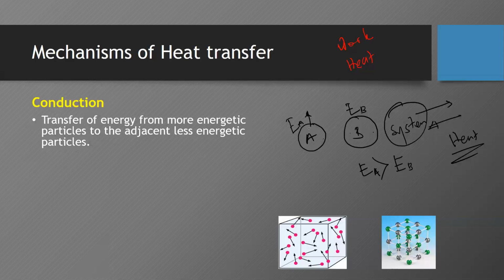So when B is coming near to A, then energy will transfer from A to B. When A has more energy, that means A's temperature is higher than B's temperature, right? So that is how we can say which one has more energy.